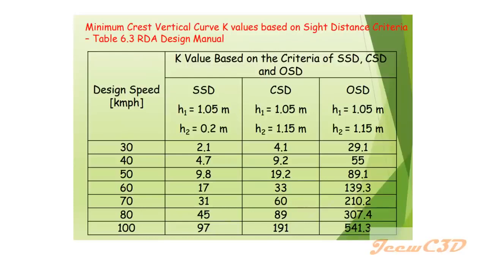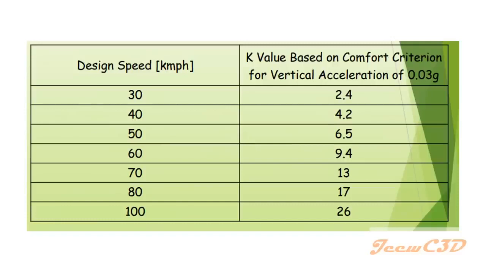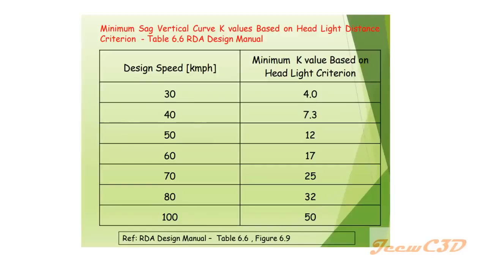In any case, when you satisfy the SSD criteria, you will automatically satisfy the comfort criteria. For sag vertical curves, you have to satisfy the headlight sight distance criteria, which is 17. So you have to use 17 for a sag vertical curve for 60 kilometers per hour design speed.